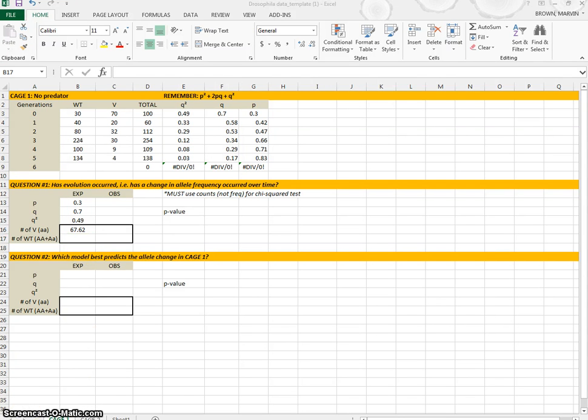So now we know how many vestigial flies we should have. How do we find out the number of wild types? Alright, we're going to type equals, and take our total number of flies at the time and subtract those. And there we go.